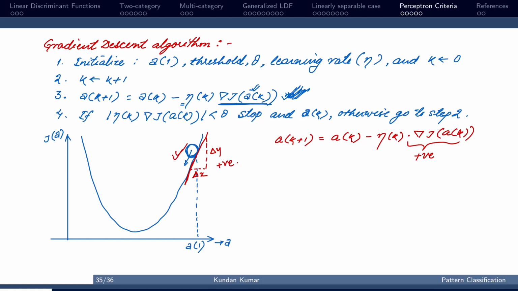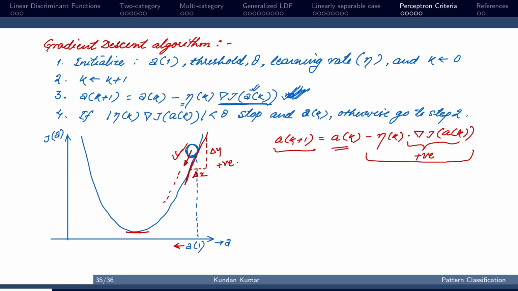Then the total term will be subtracted from the initial weight. So the next iteration weight will be reduced. That means in the next iteration the weight will move in this direction, so it will try to approach the global minima.